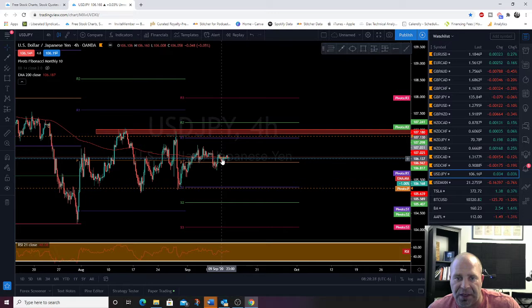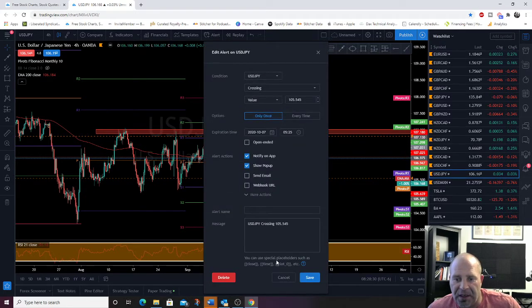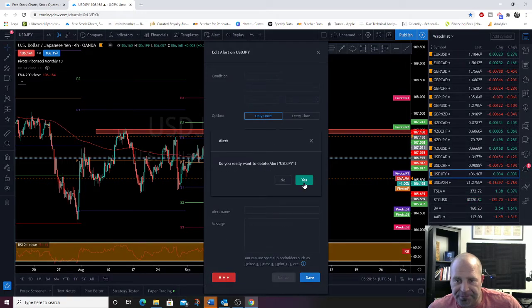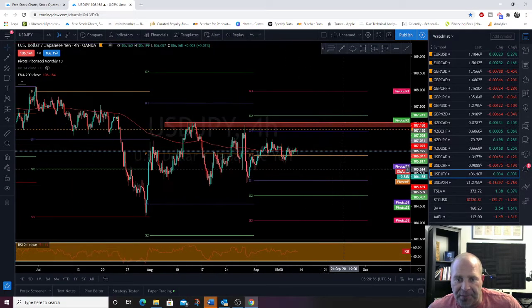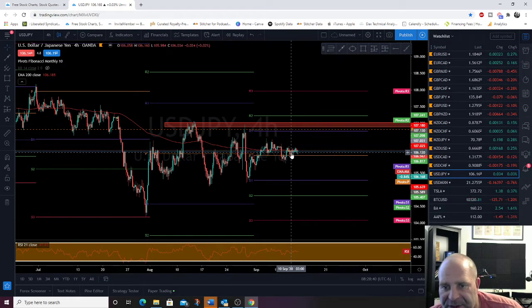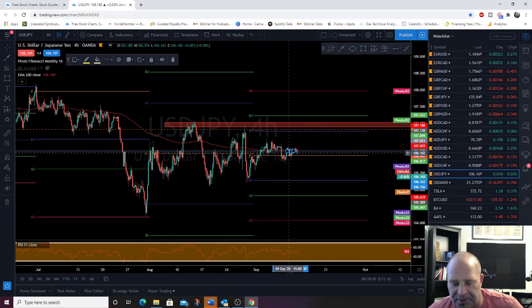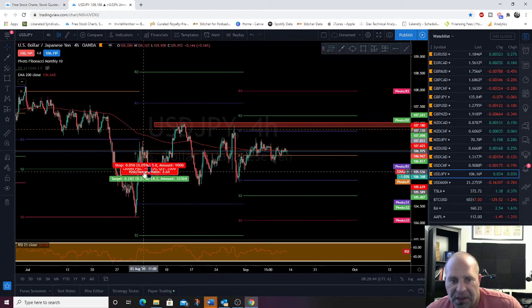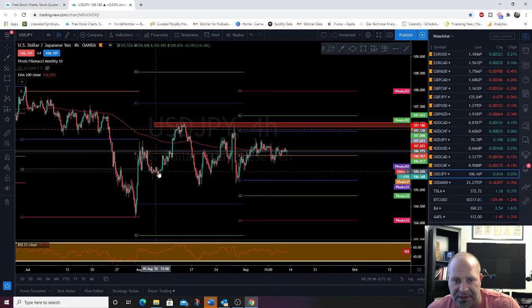Nothing too great. Nothing too surprising. Nothing too crazy, right? We're sitting right on a 200 period moving average. We're sitting right on the monthly pivot. So price is not really telling us too much to do here.